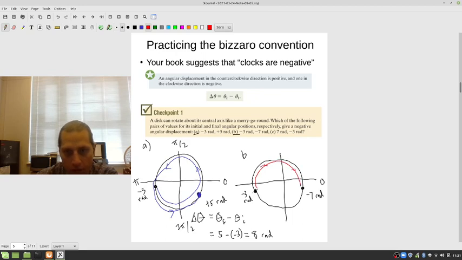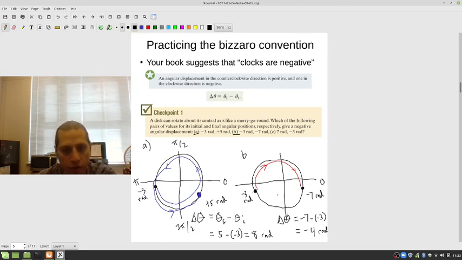Okay? So, if you do it with math, it would just be the change in theta, the change in the angle, equals minus 7 minus a minus 3, which is minus 4 radians.